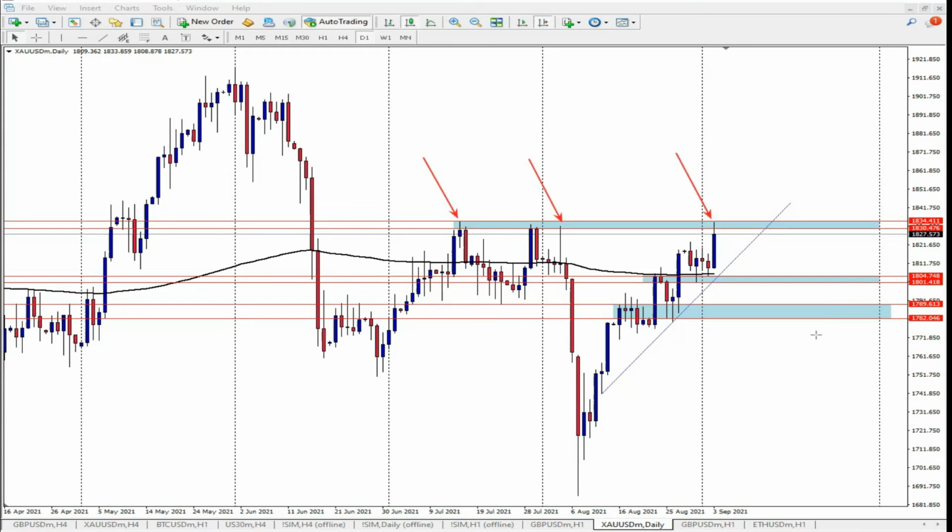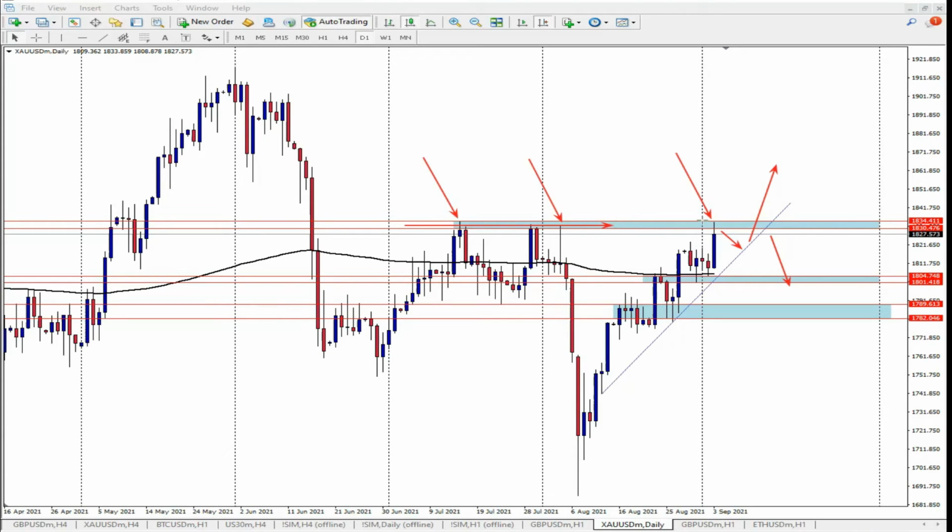So now basically we are expecting price to retrace, either to test this trend line, then keep pushing bullish. But if price breaks through the trend line, we are expecting price to dip downward, getting liquidity from this supply zone.